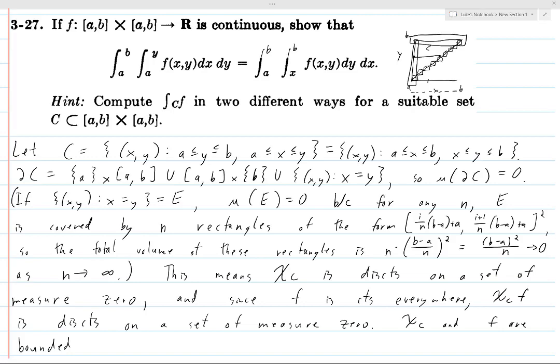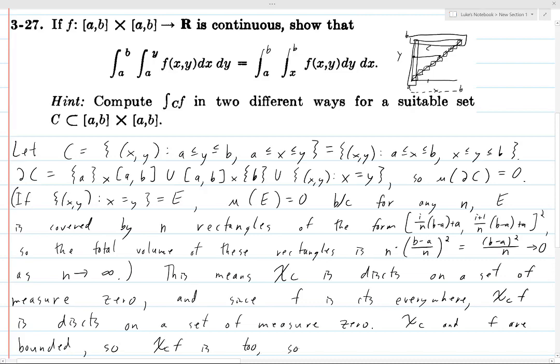And compact as a subset of R means closed and bounded. So it's closed. Now, bounded, that's the one we want. What am I talking about? Okay. So the indicator function C and F are both bounded. So the product is.